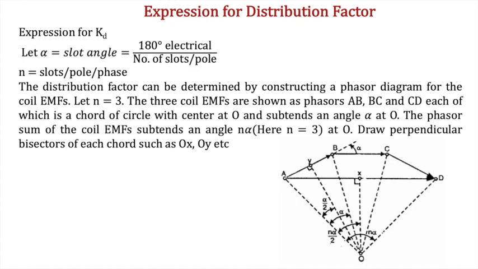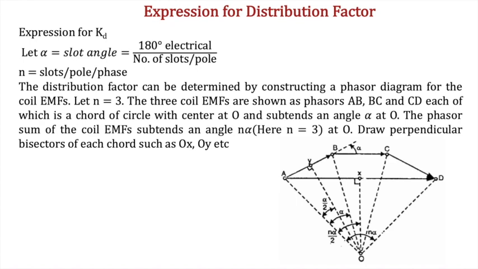The phasor sum of these coils will subtend a total angle of N alpha, that is, we have taken 3 coils, so it will be 3 alpha, and for each coil we will draw a perpendicular bisector, OX and OY.